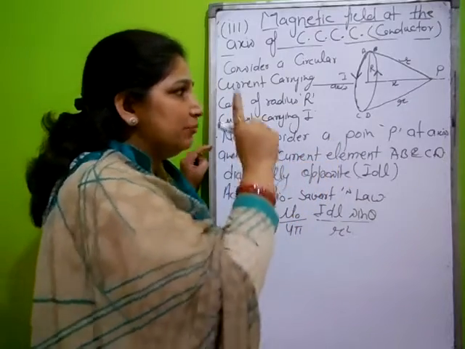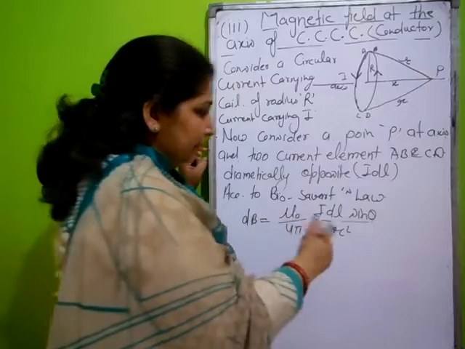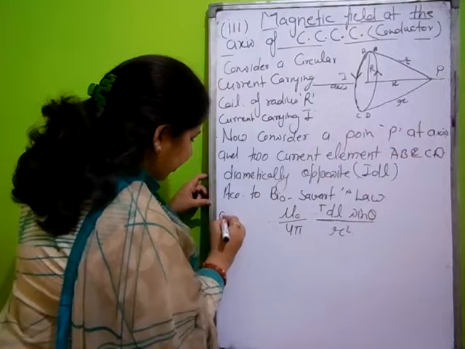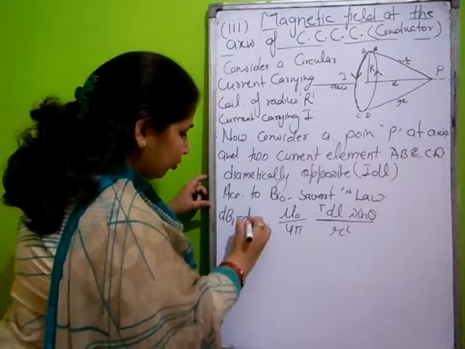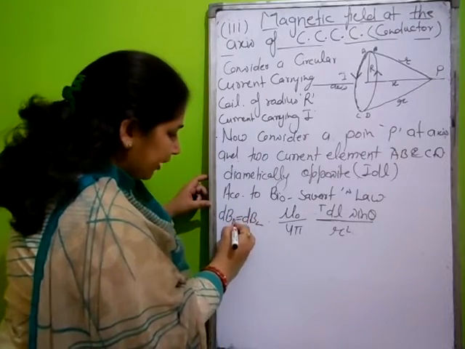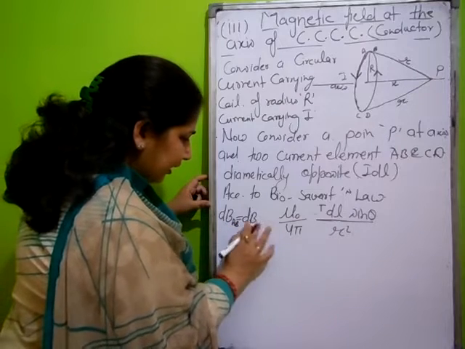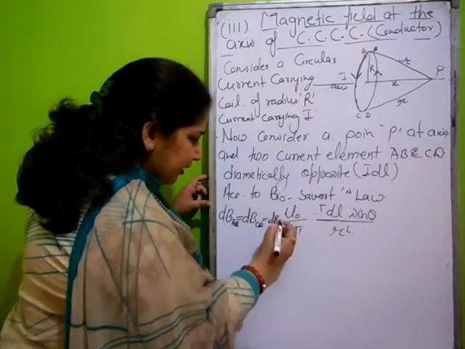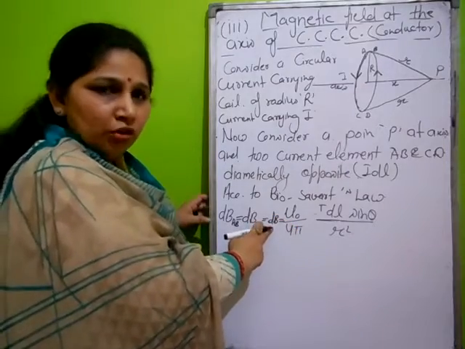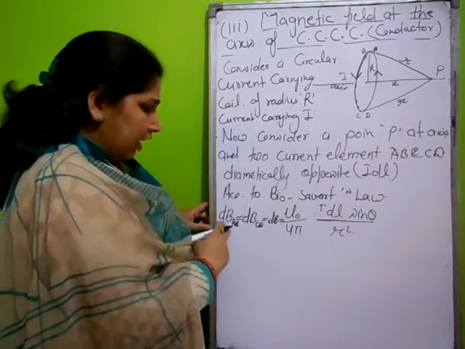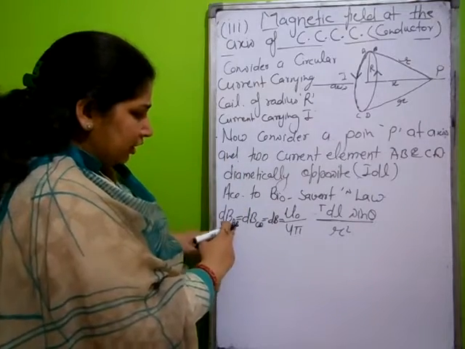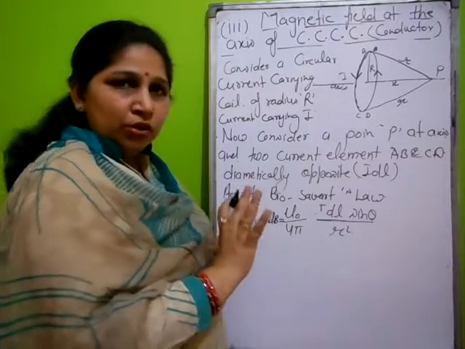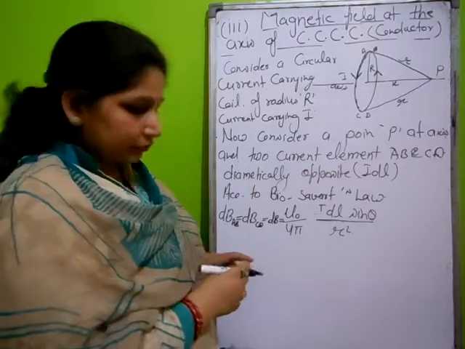So dB1 for AB is equal to dB2 for CD. Both values are equal.